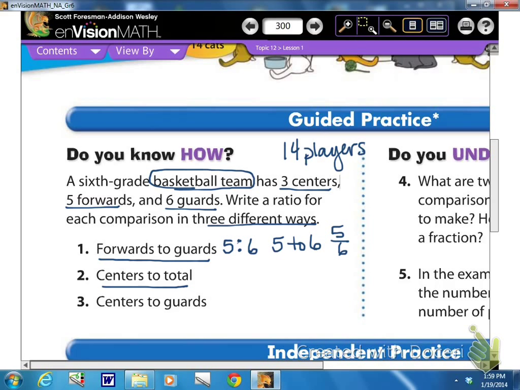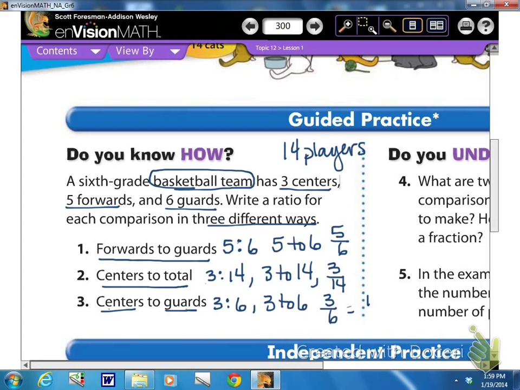I have 3 centers, so 3 colon to my 14 whole players, so this is a part to whole. 3 to 14, or 3 over 14. Number 3 is centers to guards, so this is part of the team to part of the team, or part to part, which would be 3 to 6, 3 to 6, and then 3 over 6, which I would probably go ahead and make 1 to 2.